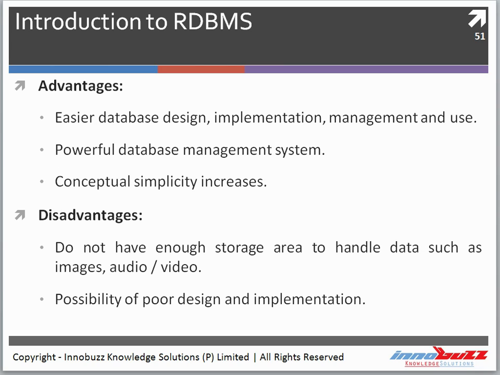Some advantages include easier database design, powerful database management system, and conceptual simplicity increases. Also, there are some disadvantages, like the RDBMS does not have enough storage area to handle audio, video, and images, and also the possibility of poor design and implementation.